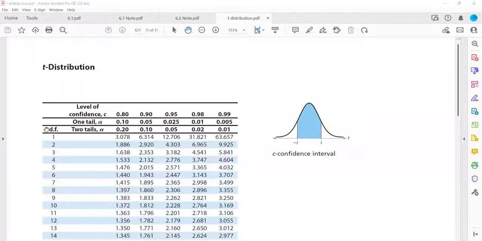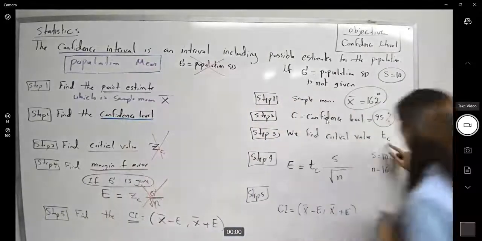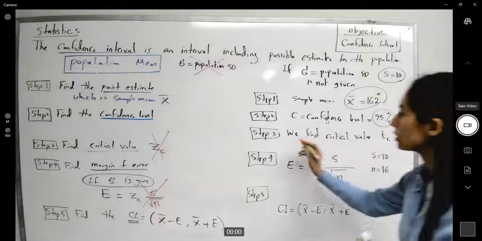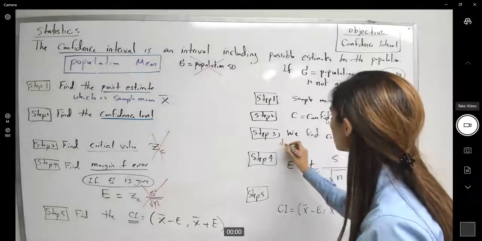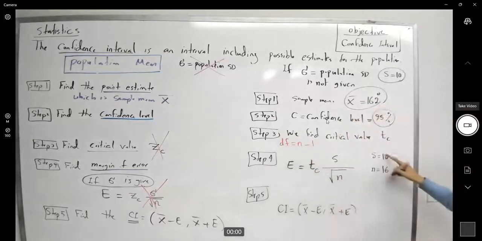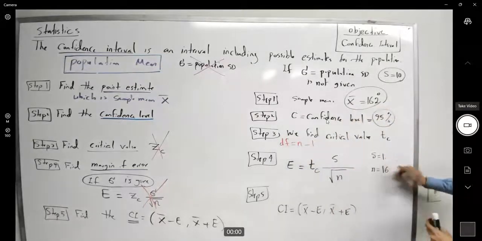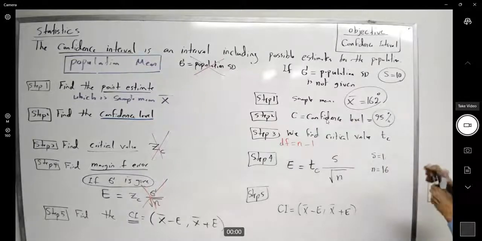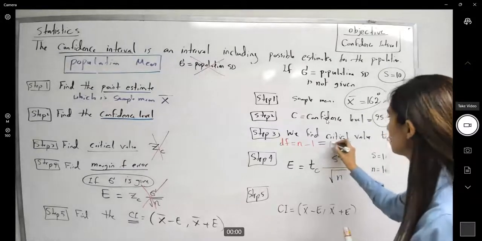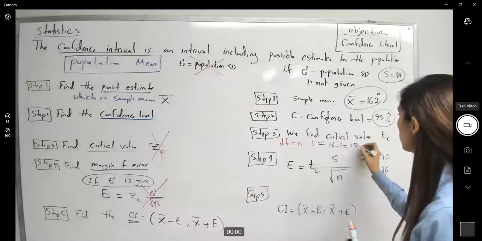What we need to find is the degrees of freedom, which is n minus 1. Sample size is 16, so 16 minus 1 gives us 15.